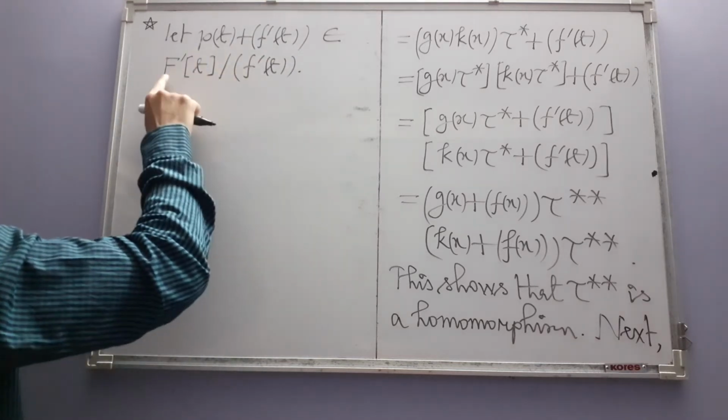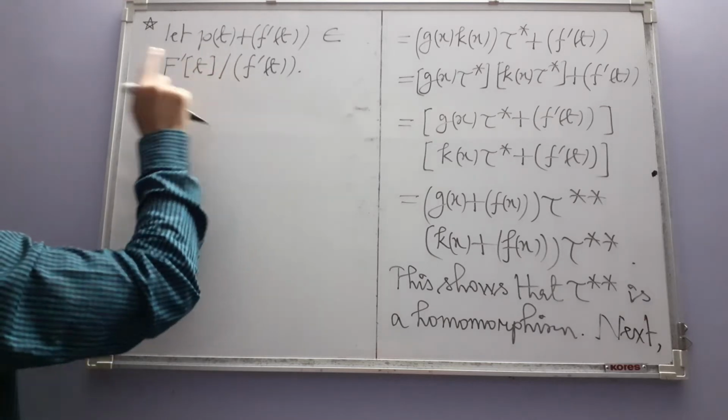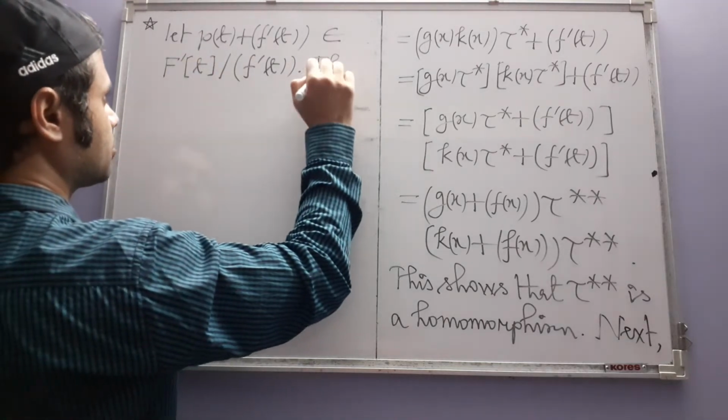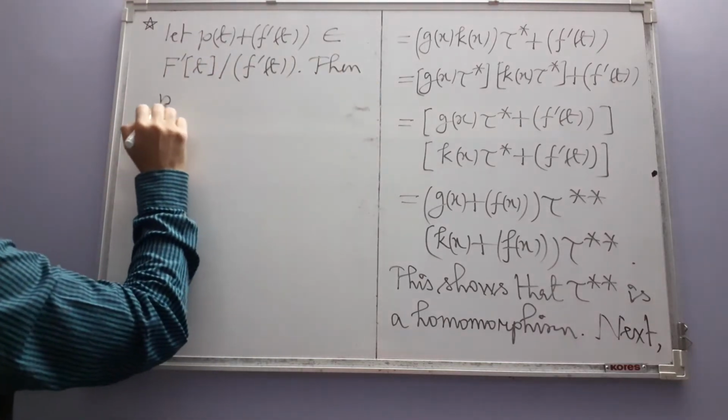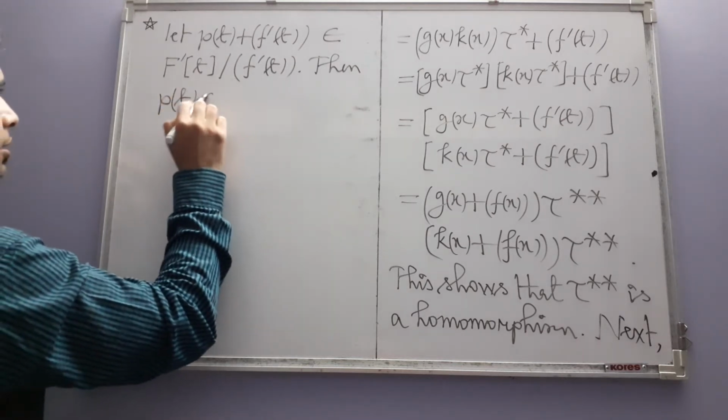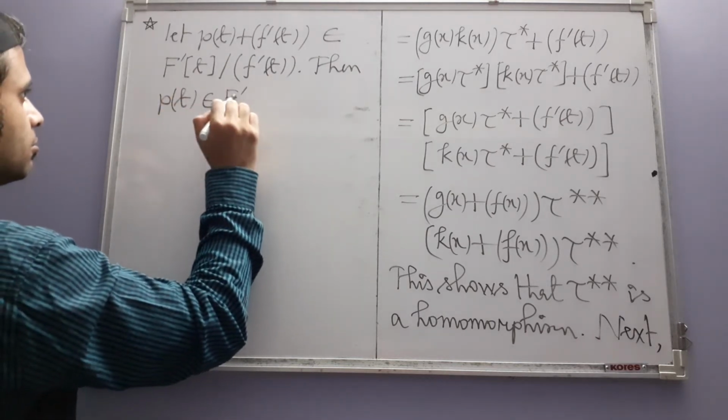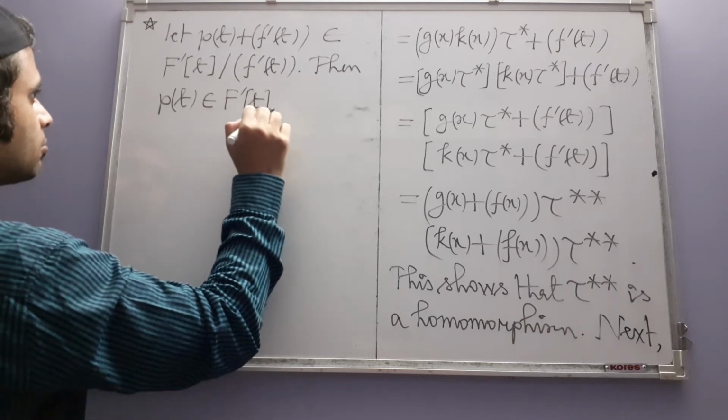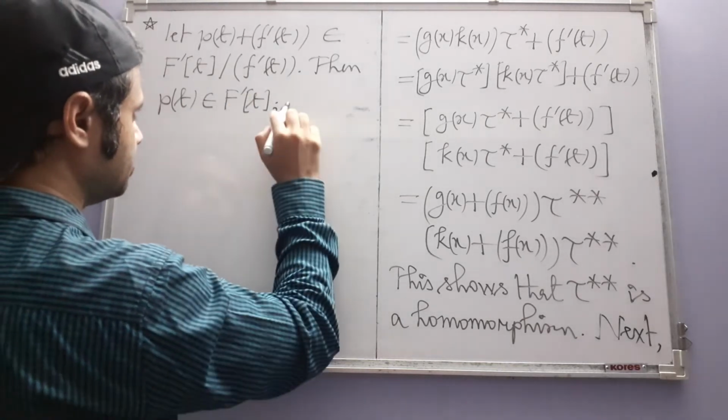That means pt is coming from this second polynomial ring. Then pt belongs to f prime t.